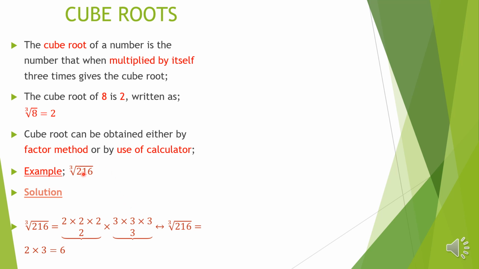The factors of 216 give 2 raised to 3 times 3 raised to 3. In the factor method, we group these numbers into 3s, and after grouping we take 1 for each case. So here we take 2, and here we take 3. We therefore conclude that the cube root of 216 is 2 multiplied by 3, which is 6.